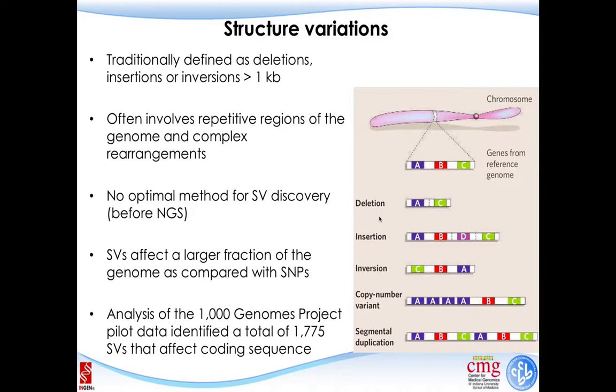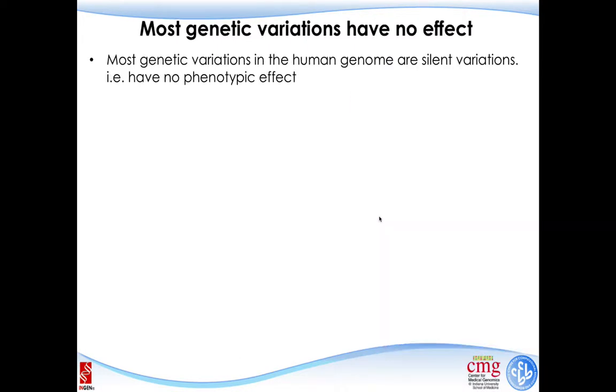Inversion, where A, B, C becomes C, B, A. Copy number variations, where we can see multiple copies of A, and then segmental duplication, where there's another A, B, C attached. Again, structure variation can be more complicated than this, but these are a few that are currently being more systematically studied.